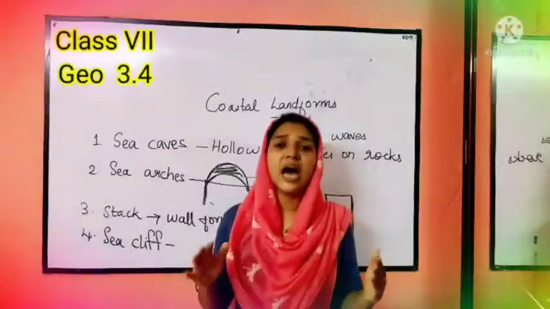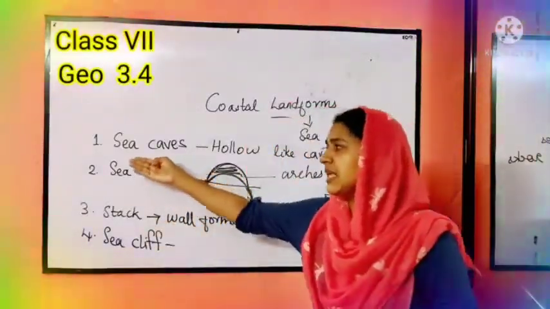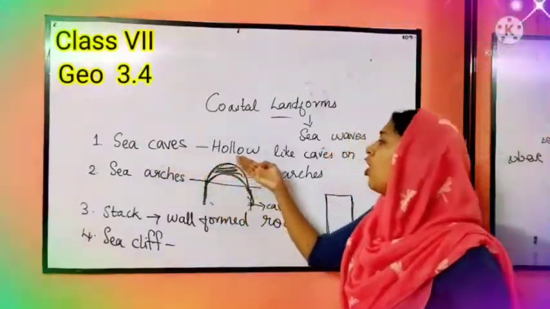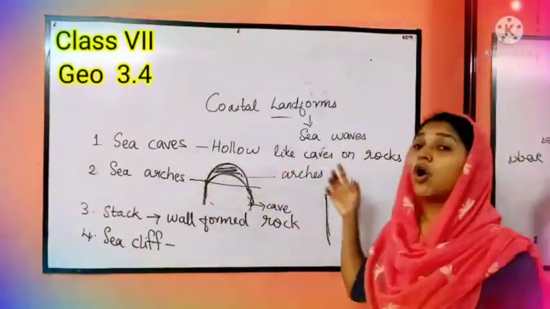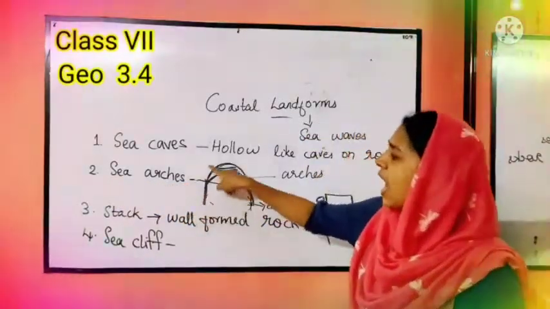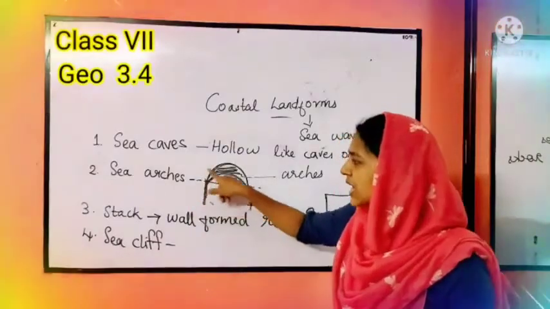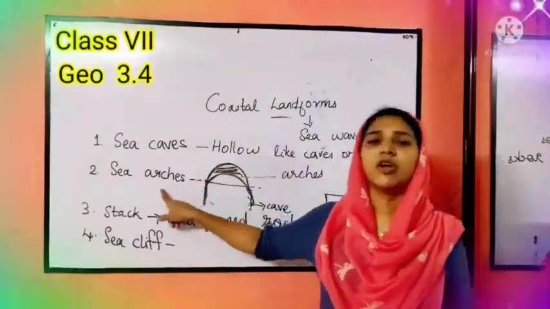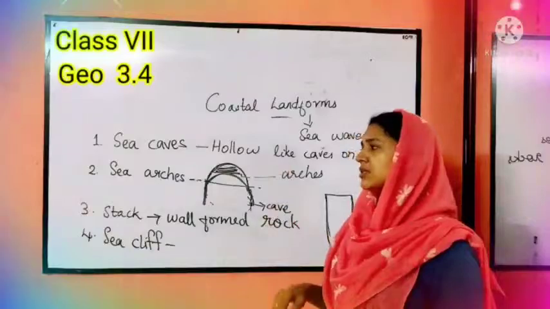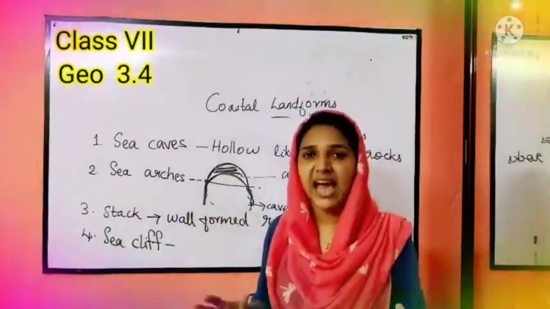Okay, students? There are 5 coastal landforms. First one is sea caves. Sea caves are hollow-like caves on rocks. The second one is sea arches. An arch-like form is created on the rock and these rocks are called sea arches. Third one is stack.